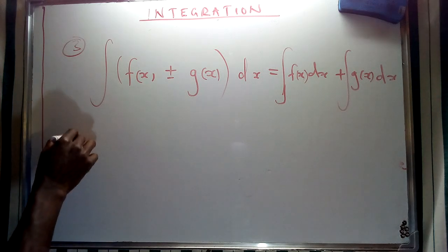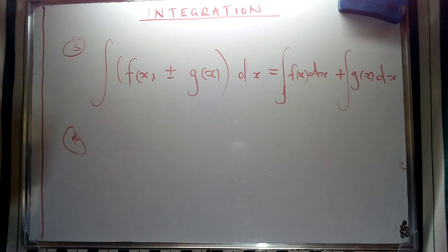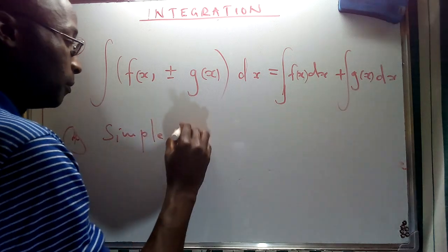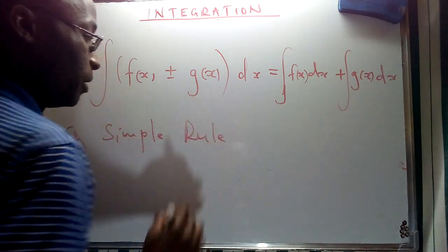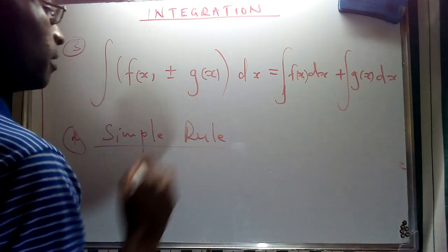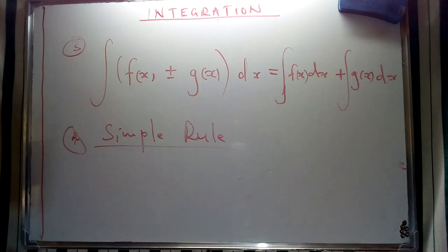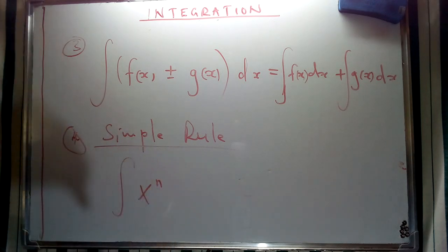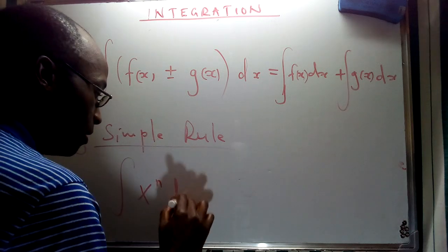The last one we're going to look at is what we refer to as the simple power rule. The simple power rule deals with exponents, and we're going to see how to deal with different exponents in various integral functions. So suppose we have the integral of x to the power n with respect to x.